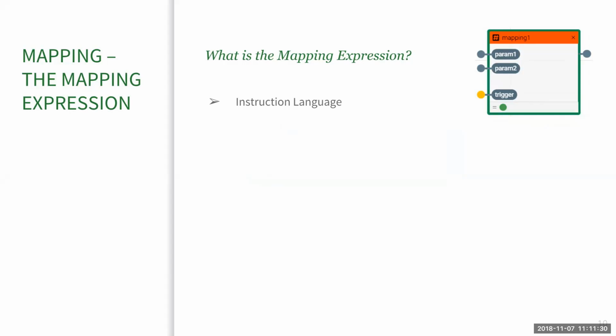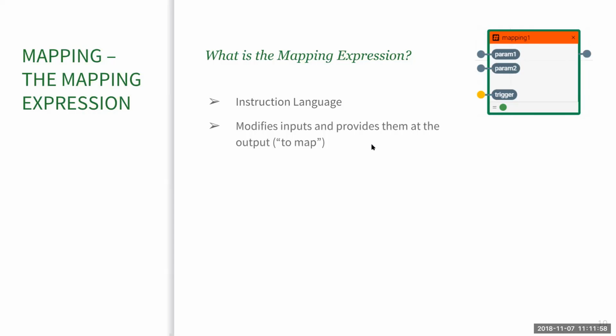For example, the function add, or the plus sign, will simply add two numbers. Or if you write a text plus another text, it will put those two texts together to make one long text. So you are really only applying operations on the input data.